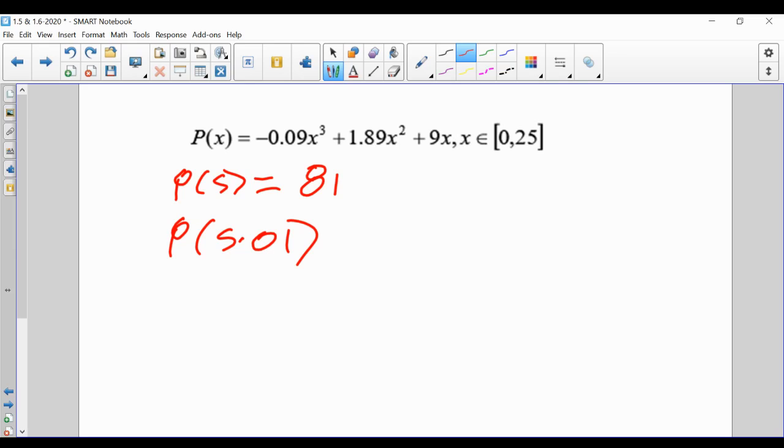I think it's accurate enough to use 5.01. So we're going to do the same calculation again. Minus 0.09 to the power of 3 plus 1.89 x squared plus 9 times x.